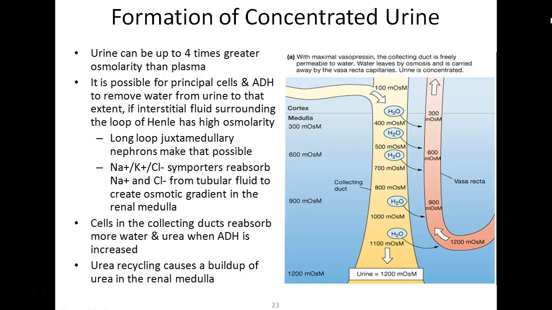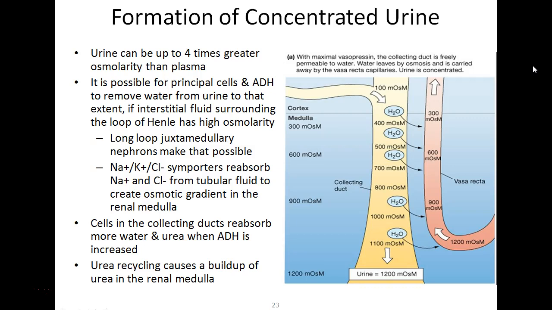And again, we have small channels installed in there. The sodium, potassium, and chlorine symporters reabsorb sodium and chlorine from the tubular fluid to create an osmotic gradient in the renal medulla. When we're concentrating the urine, the cells in the collecting ducts reabsorb more water and urea when ADH is increased.